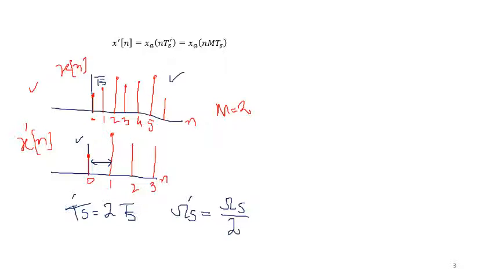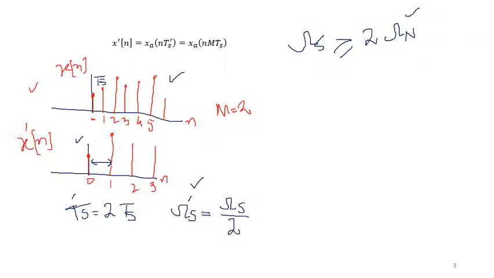And you understand what happens when we reduce the sampling frequency. By the Nyquist criterion, the sampling frequency must be equal to or greater than 2 times the highest frequency present in the signal. For example, the highest frequency present in the continuous time case is omega m.